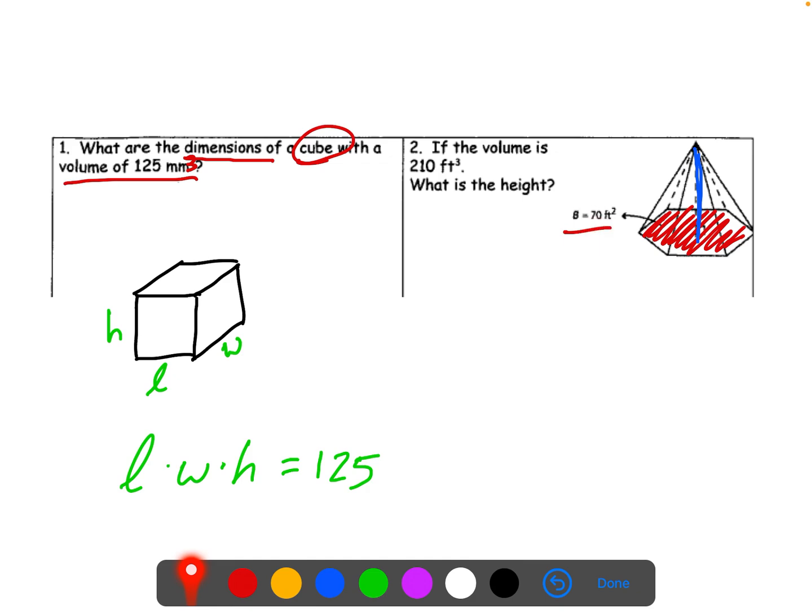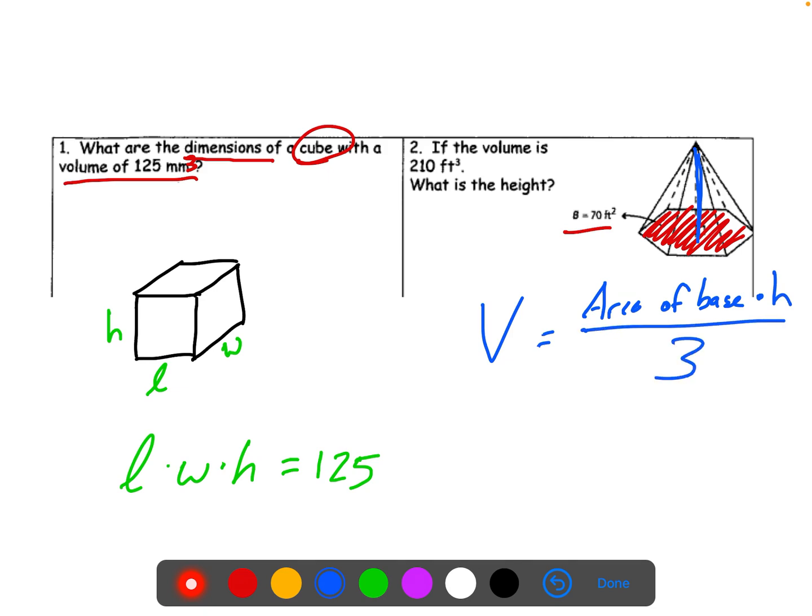So to find the volume of a pyramid, just in basic terms, not worrying about the shape of the base here again, we would take the area of base times the height, and this was talked about in the first page of our video. And then because it's a pyramid, we're going to divide all of that by 3. All right, that is enough information to create an equation that we can solve.